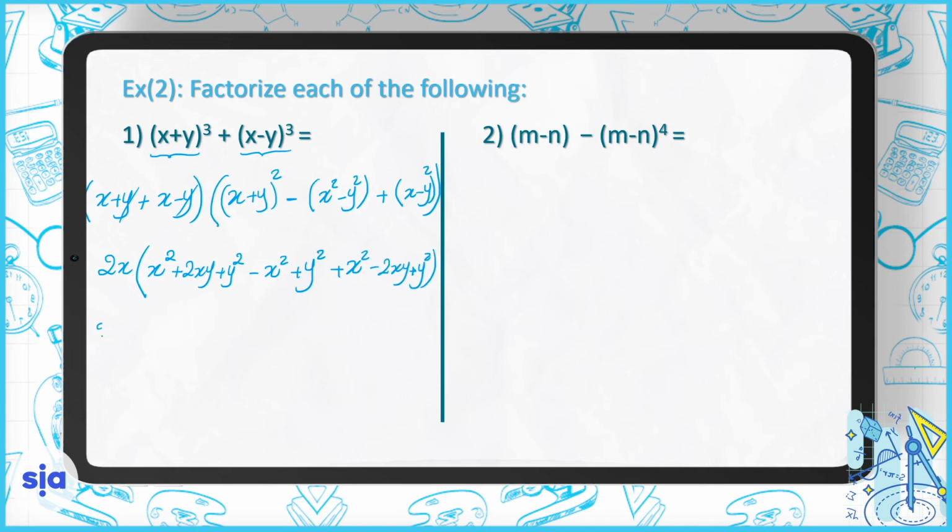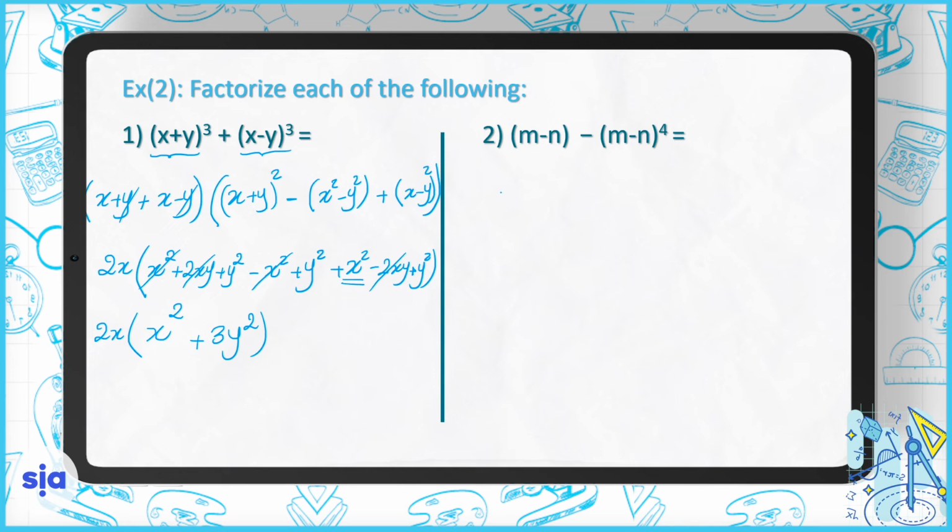Let's simplify the second bracket. So x squared minus x squared, they're crossed out together, but we have another x squared left here. And then plus 2xy and minus 2xy are crossed out as well. And y power 2 plus y power 2 plus y power 2, here we have a 3y power 2.